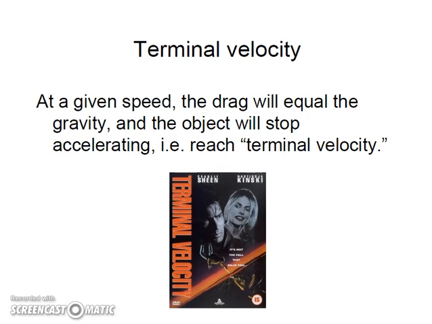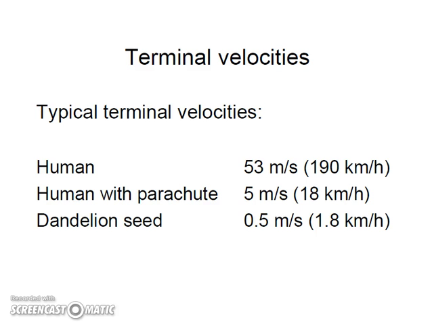And one special term is worth discussing briefly. For any object in atmosphere, eventually their drag equals the force due to gravity, and the object will stop accelerating, and that's termed terminal velocity. That's when drag equals force due to gravity.